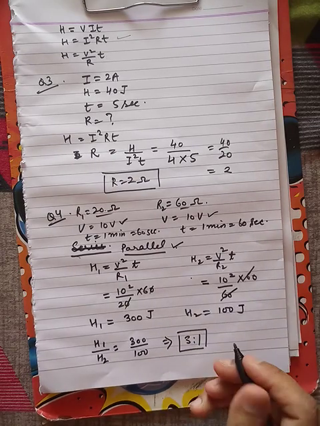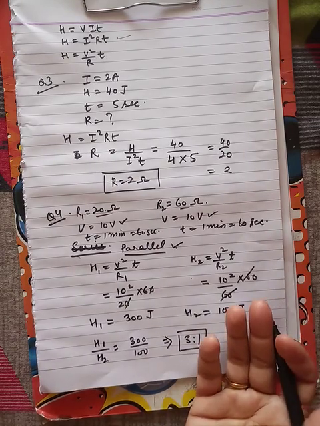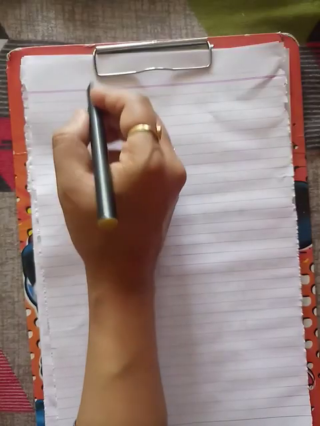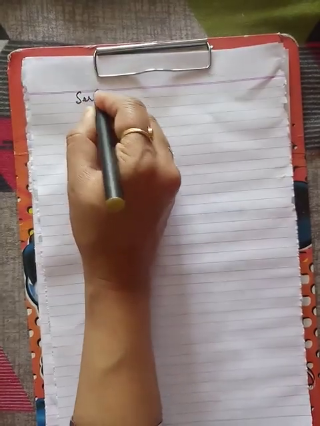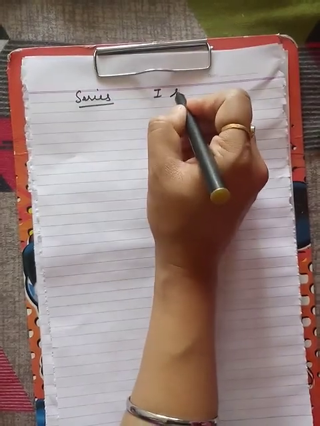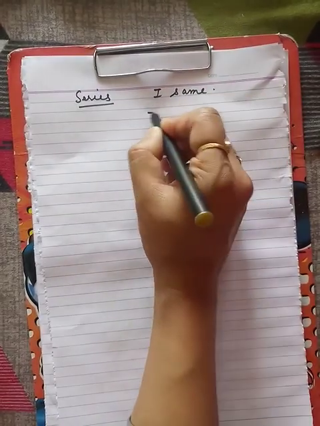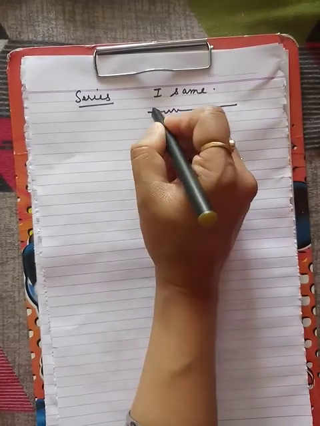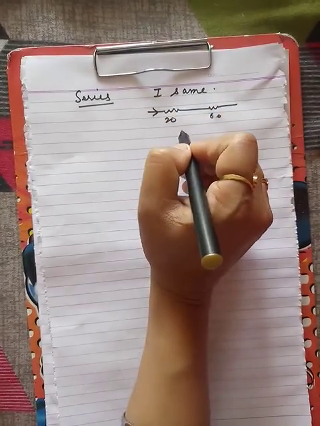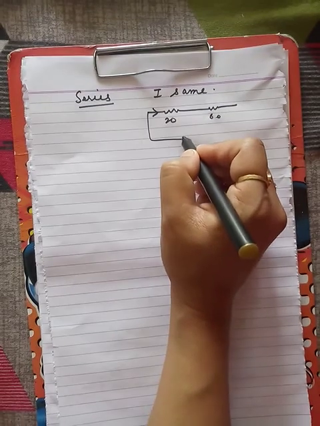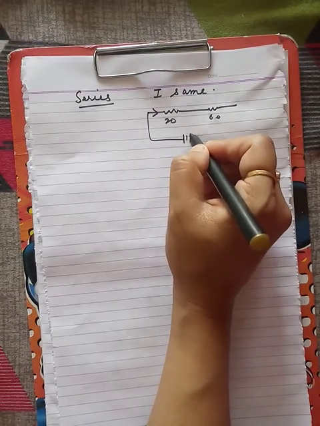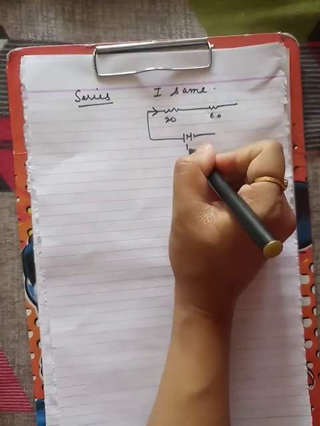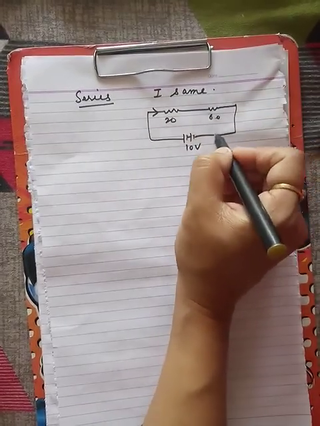In series combination, what will be the case? Let us consider that. In series combination, we know that current remains the same. If 20 ohm and 60 ohm are connected in series, your I will be the same, and they are provided a potential difference. What amount of potential difference? 10 volt to both of them.